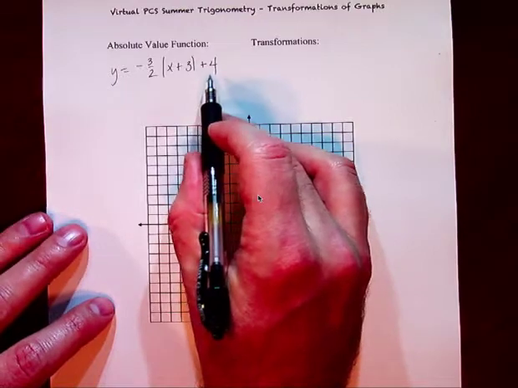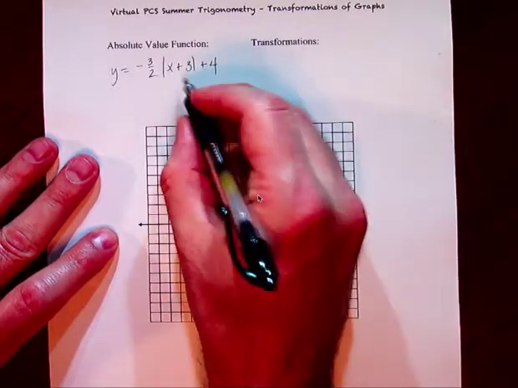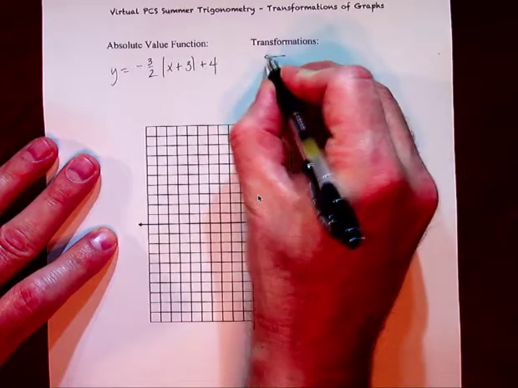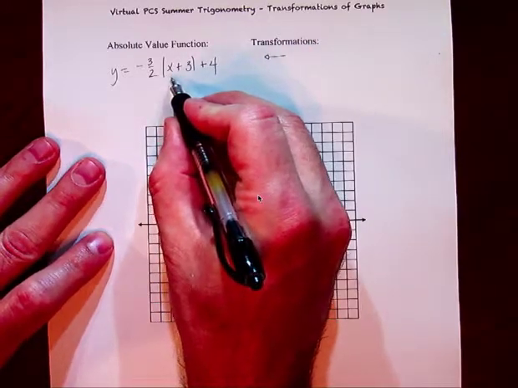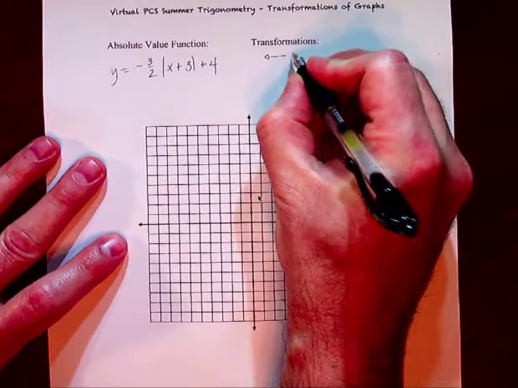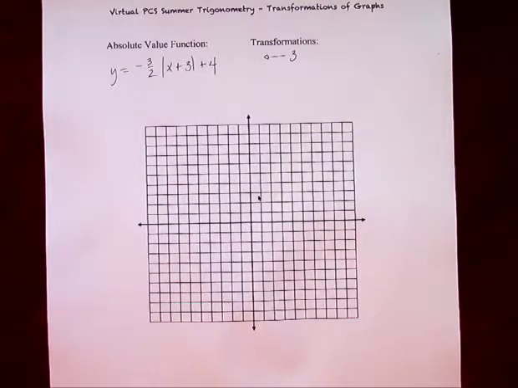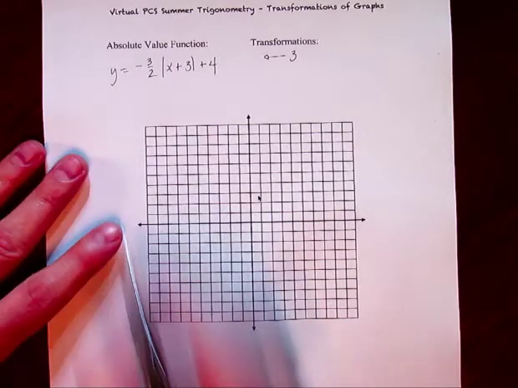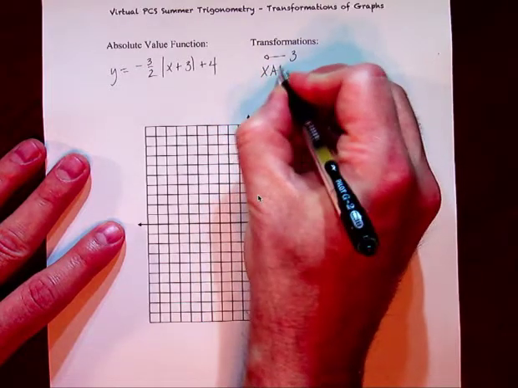And then we have the plus 4. But let's go in order of operations. The plus 3, remember, it is going to require x to compensate for it, and therefore it's going to require x to be 3 units more negative, or 3 units to the left. Now the negativeness of our a is going to give us an x-axis reflection.